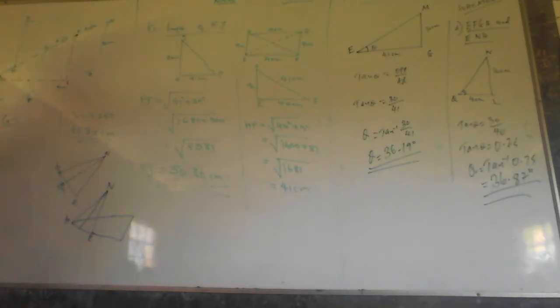So where is our EH? Where is E? EH is the base, is that right? Then GL. Where is G? Oh, the other L. Which L is this?